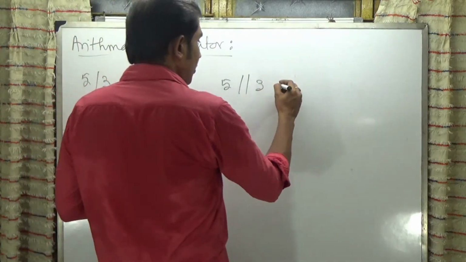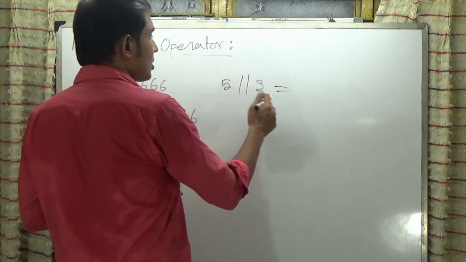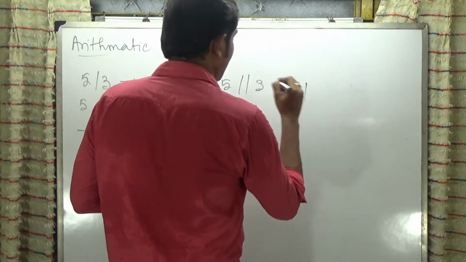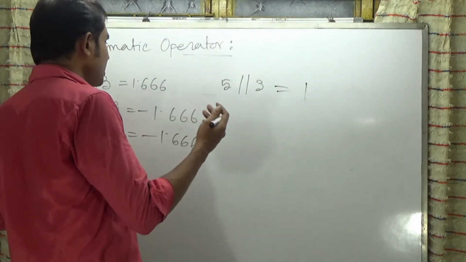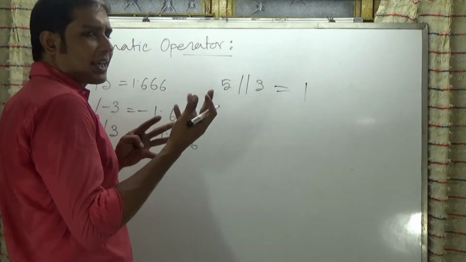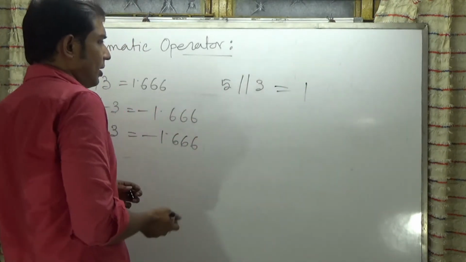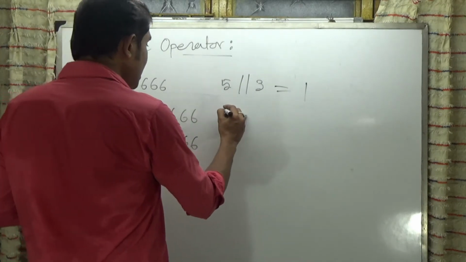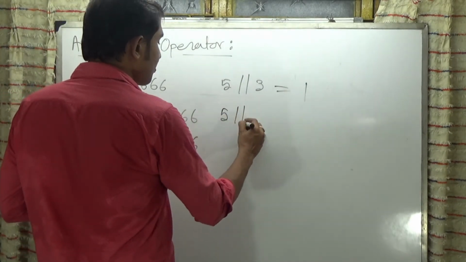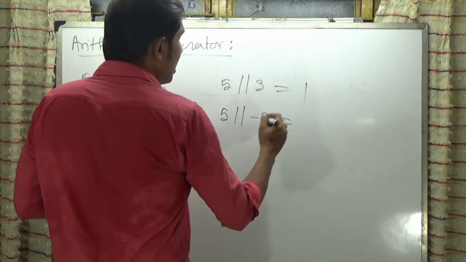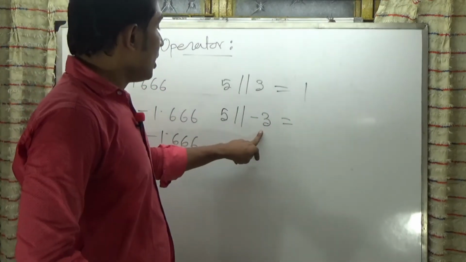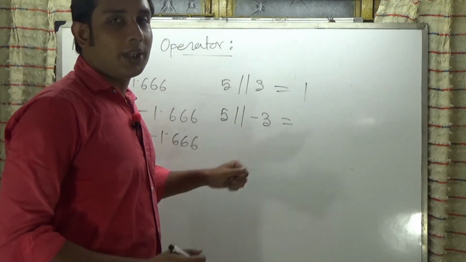So the result is 3 ones are 3, and the value is 1. Now if I do the same thing by putting the minus sign in the divisor, then what will be the output?